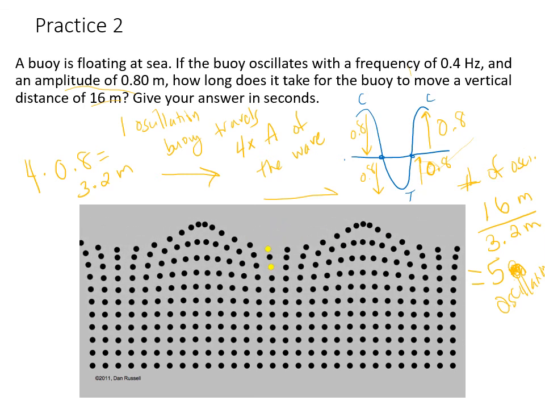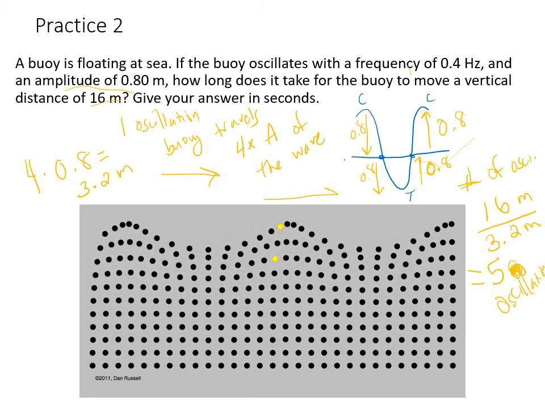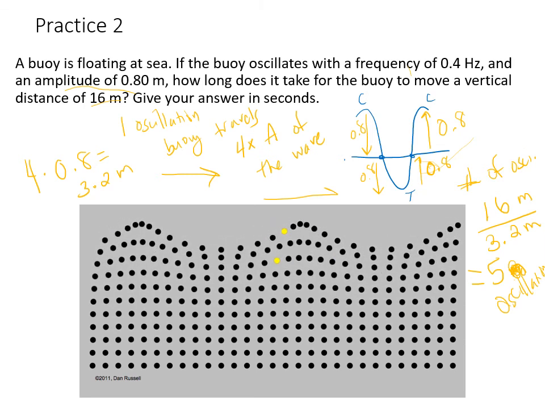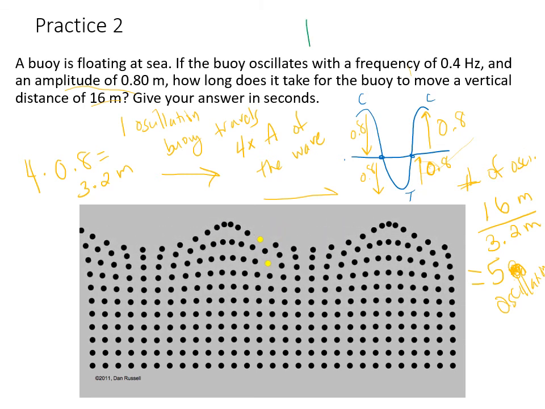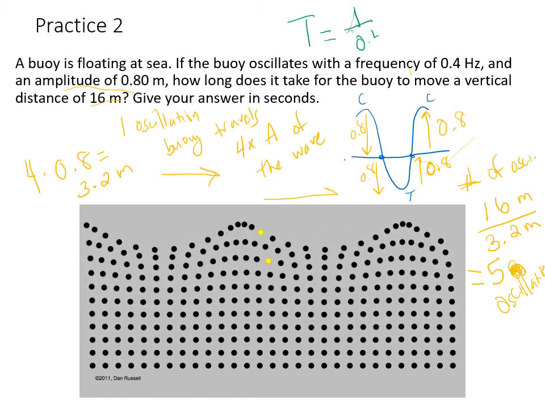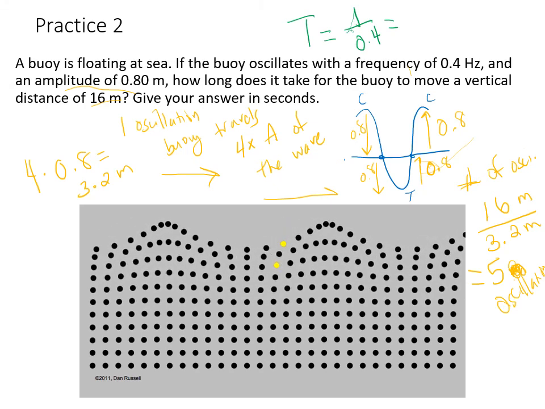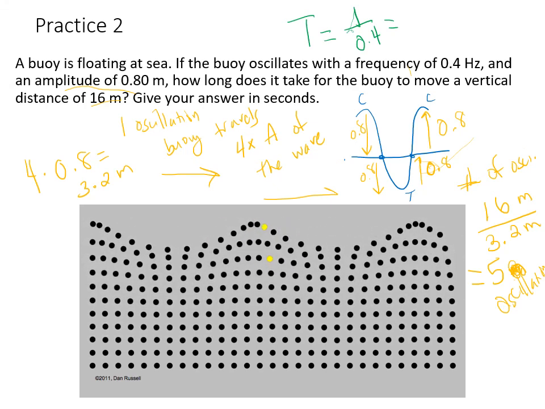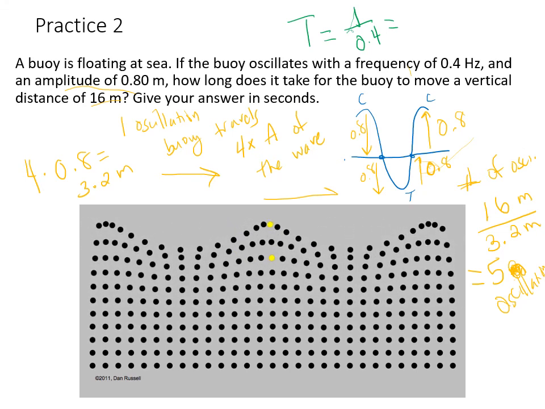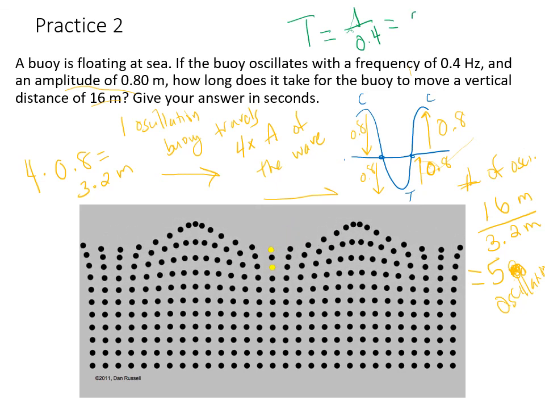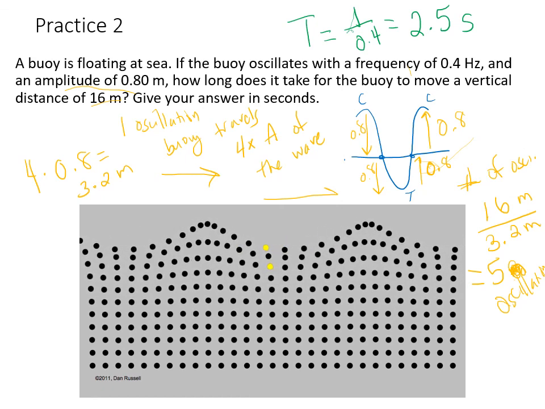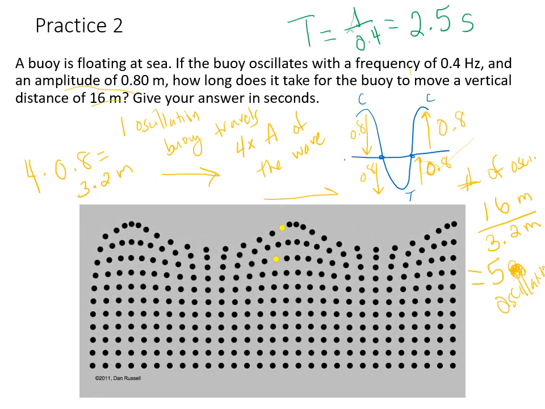Okay, so 5 oscillations. The buoy has a frequency of 0.4 hertz. So what's the period of these oscillations? Period and frequency are inverses of each other. So to get the period, I can do 1 over 0.4. And 1 over 0.4 is, what's that, 2.5? Yes, it is 2.5. 2.5 seconds is the period of an oscillation, and the buoy is going to go through 5 of these.